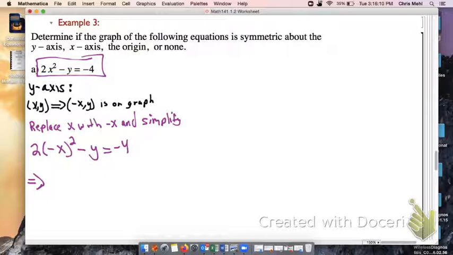Anytime I'm simplifying an expression, something that does not already have an equal sign in it, I can use a string of equalities. So you'll see me use implication arrows when simplifying equations and equal signs when simplifying expressions.